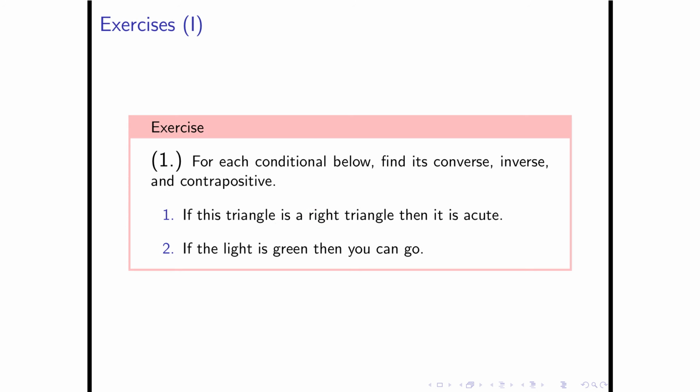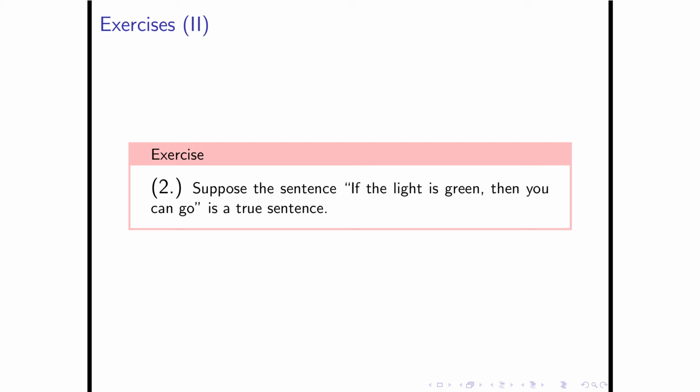Okay, let's look at a couple exercises. For each of the conditional propositions below, find its converse, inverse, and contrapositive. Now, suppose that the sentence, if the light is green, then you can go, is a true sentence.